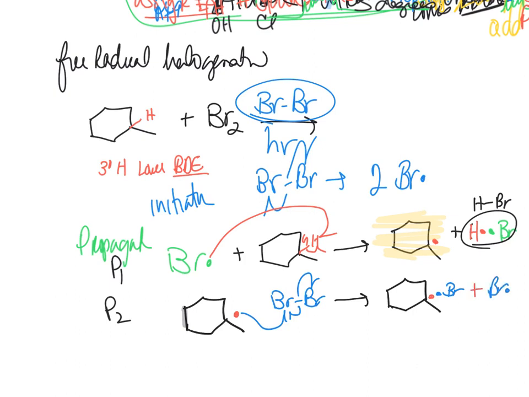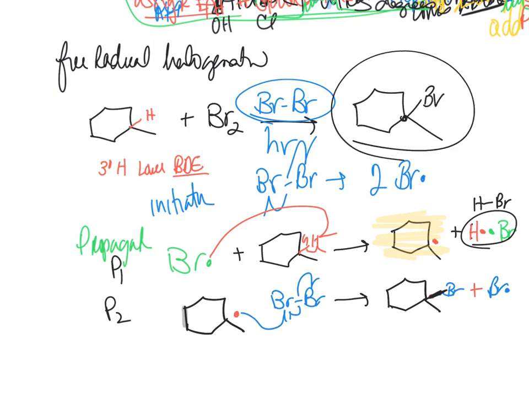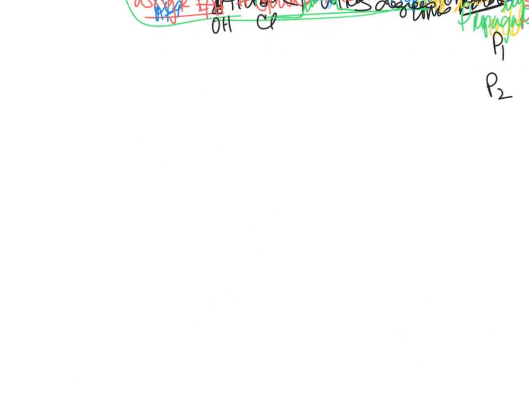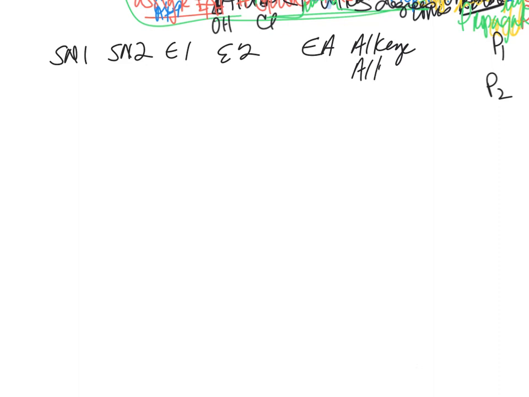That's propagation. That's the same thing as that right there. So that's your product. So your product is bromination at the tertiary carbon. So that's free radical halogenation. The other reactions you had in organic 1 are SN1, SN2, E1, E2. We'll do electrophilic addition of alkenes and alkynes, and that will wrap up our reactions.